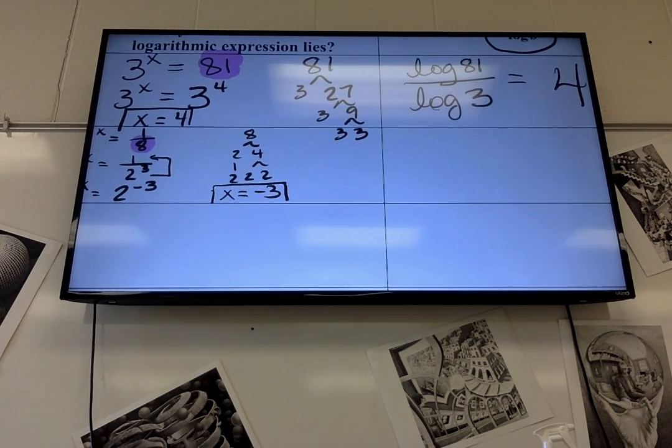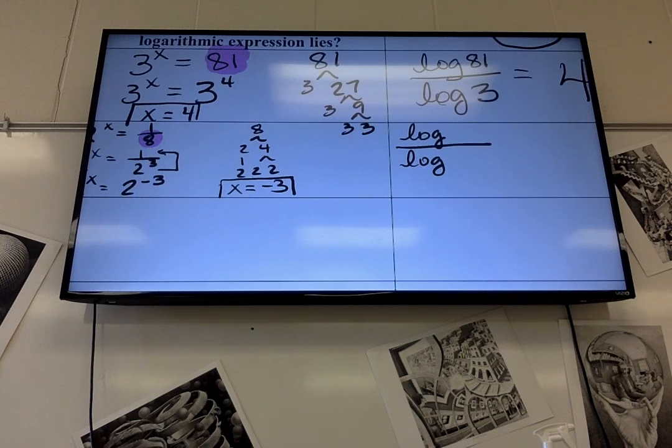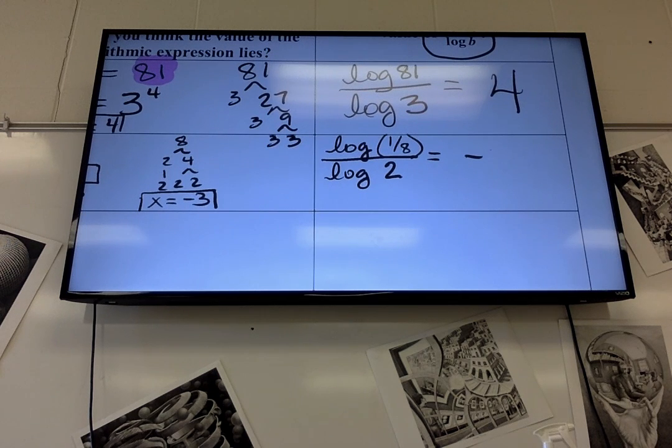Okay, so we could rewrite that as a log of what over the log of what? 1/8 over 2. Yep. Log of 1/8, which you just hit 1 divided by 8. Just make sure you close parentheses around it, over the log of 2. And you should get negative 3.